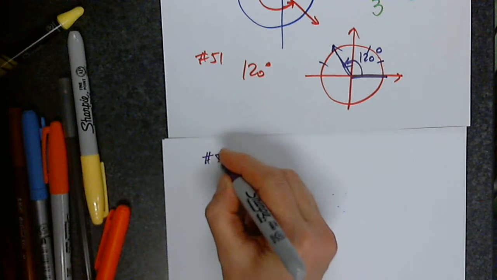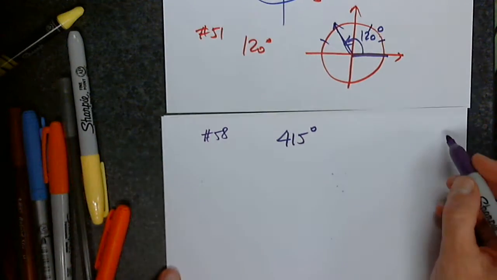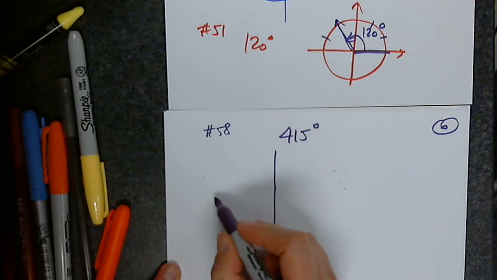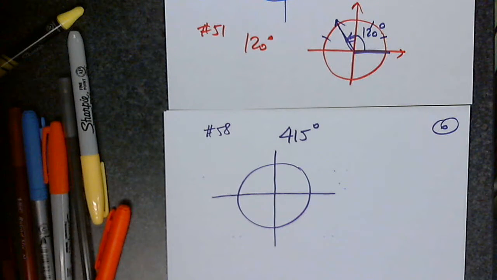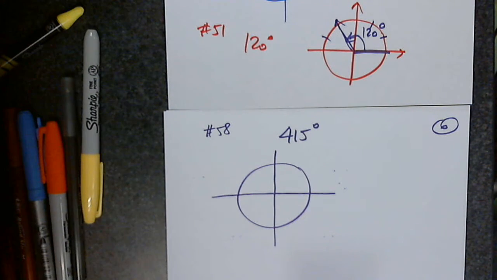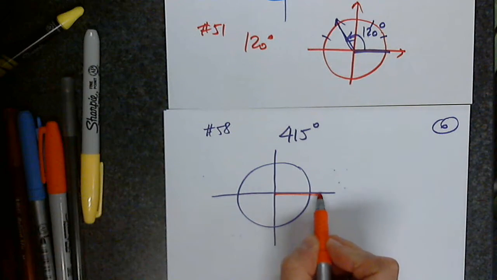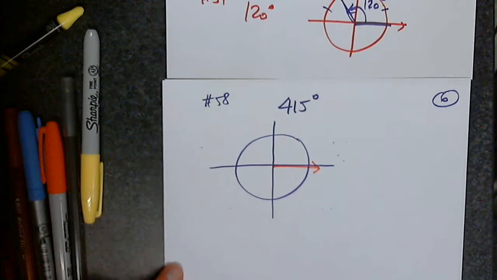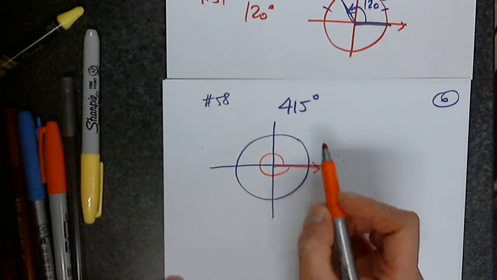Problem 58 caught my eye: 415 degrees. They want us to find a positive coterminal angle with 415. First of all, I need to see where 415 is, and I will subtract 360 from it. When I subtract 360 from 415, what do I get? 55. So I know this angle is a standard angle, it starts on the x-axis, goes around the circle 360, and then 55 more.